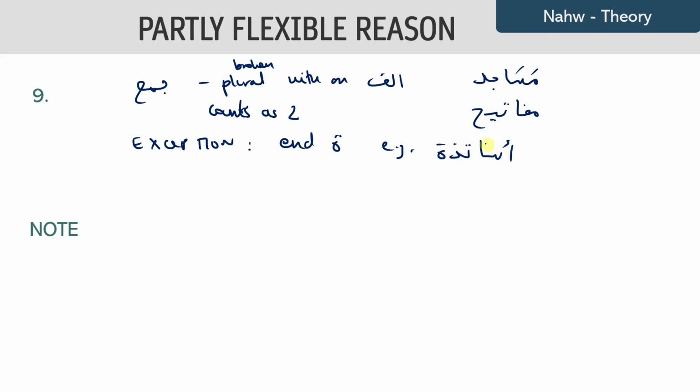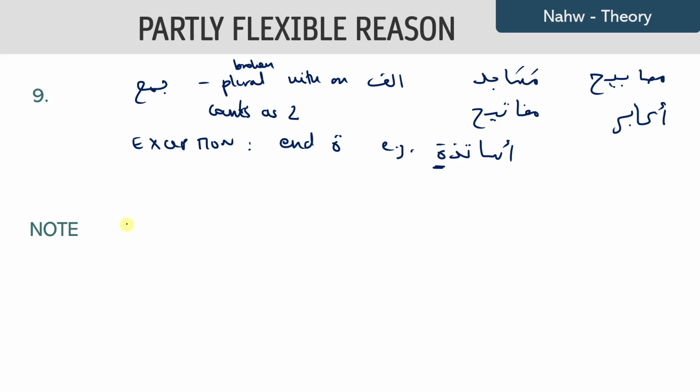This is not غير منصرف even though it is a broken plural that has an extra alif in it, because it has the ta, and therefore we do not consider it to be partly flexible. Another example of a broken plural that has an alif is masabih. And you also have akabir, which is the plural of kabirun, which means big.